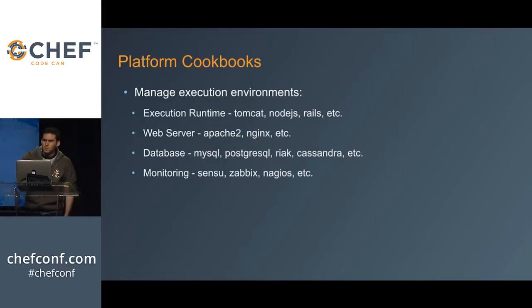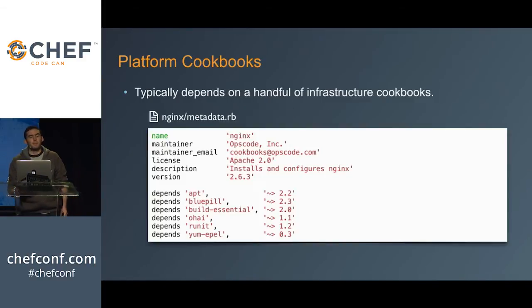And once again, you can determine that by looking at their dependencies. Because they're that middle tier, that platform tier, they'll depend on a lot of infrastructure cookbooks. They'll depend on things like apt and build-essential and runit. Because they're that middle layer, they're providing you a framework or a runtime execution layer for you to deploy your application into.